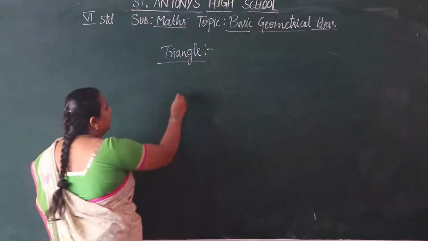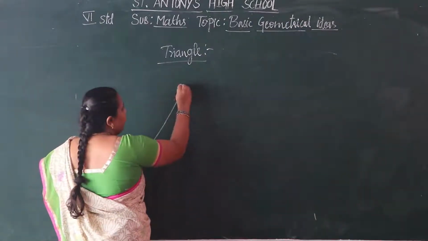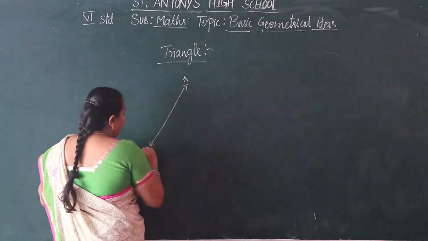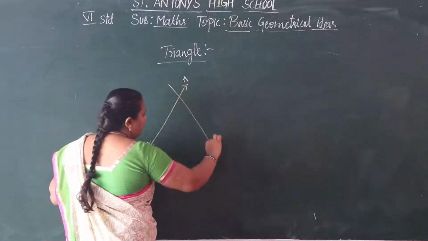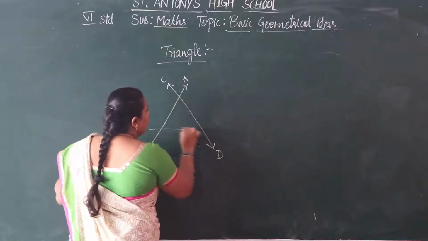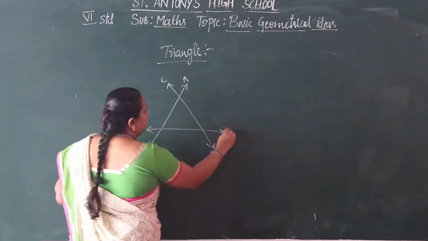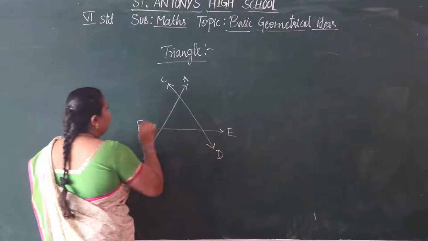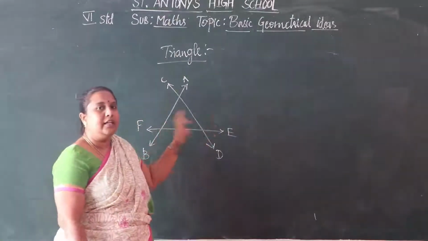Not like this. This is a line AB, and this is a line CD, and this is a line EF.